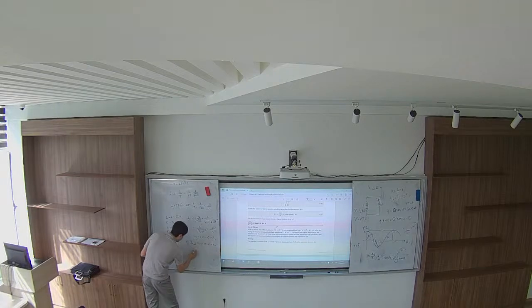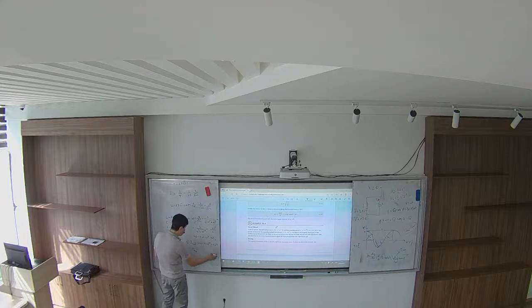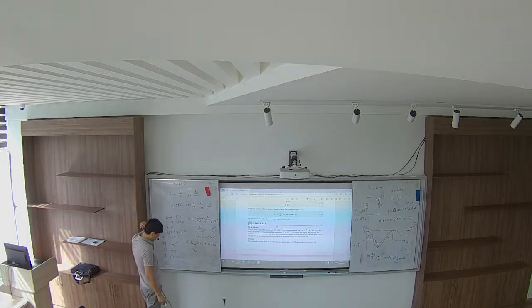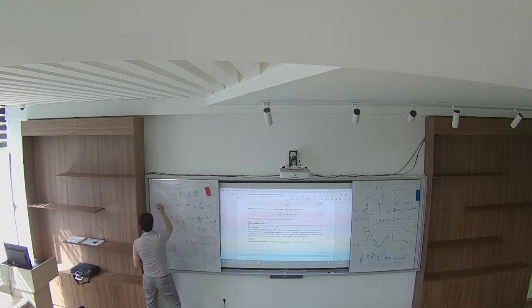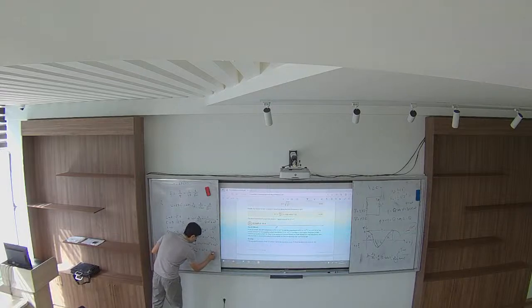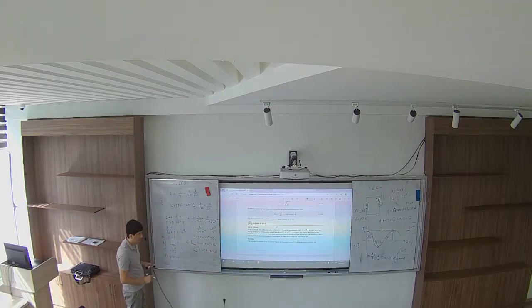So the maximum current is 3 times 10 to the minus 2 ampere, or 30 milliampere. It's the maximum current.